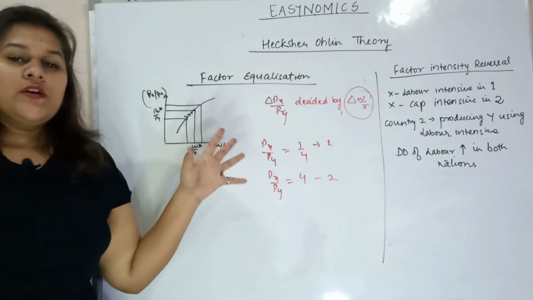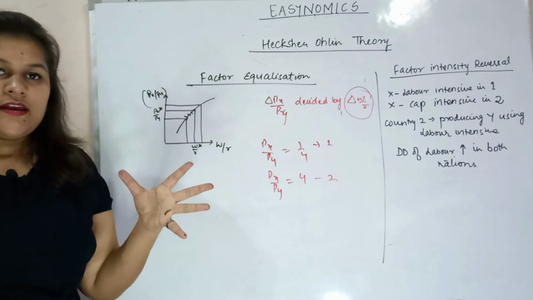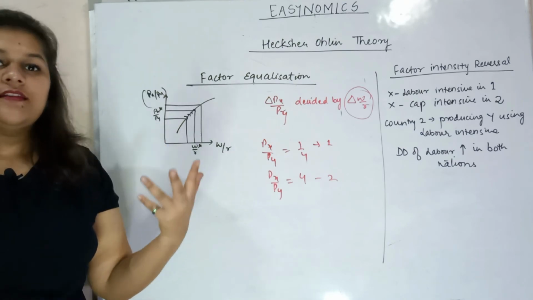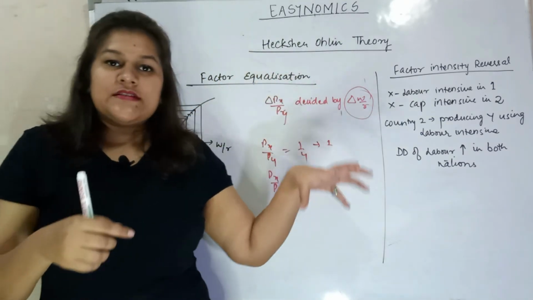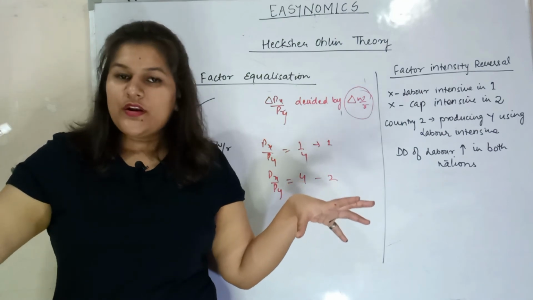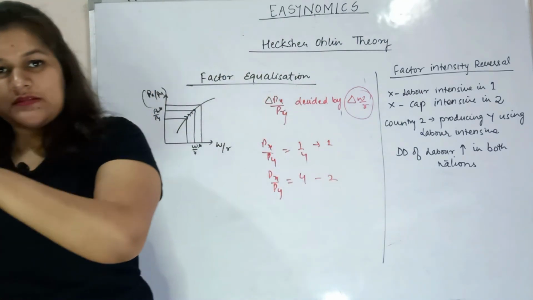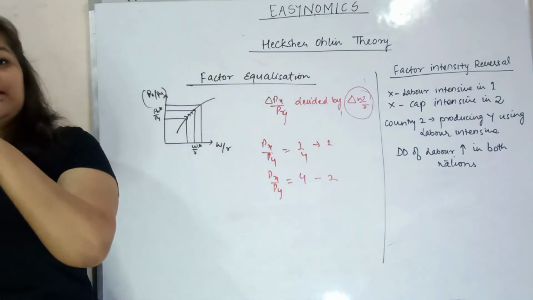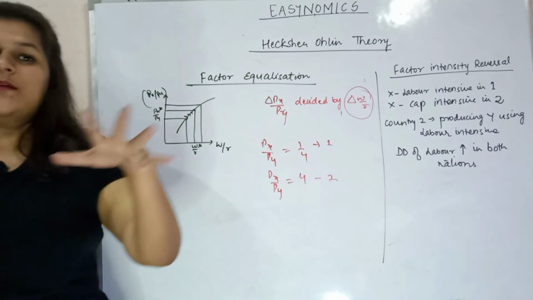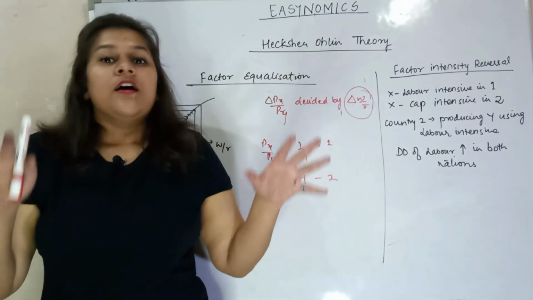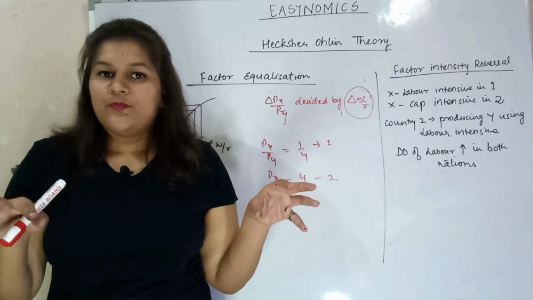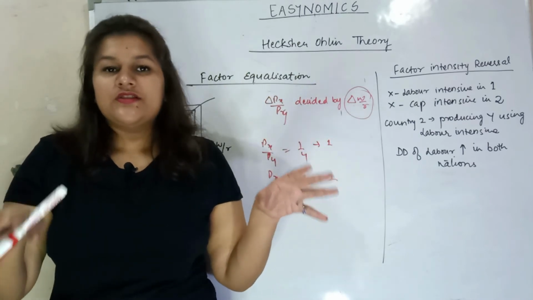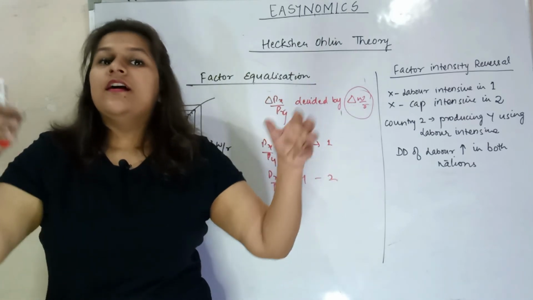Now we assume that labor cannot migrate. If labor could migrate, then if they are getting less wages in country 1 and more in country 2, they will migrate to country 2, increasing the supply of labor there, and they will end up decreasing the wages. But migration of labor is not possible, so this differentiation will be removed by trade.